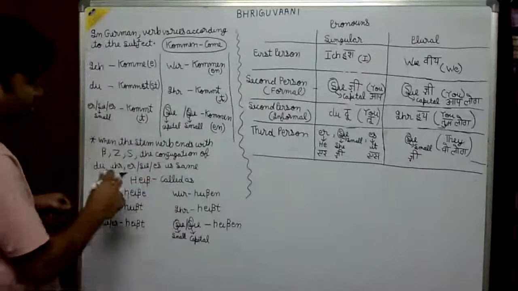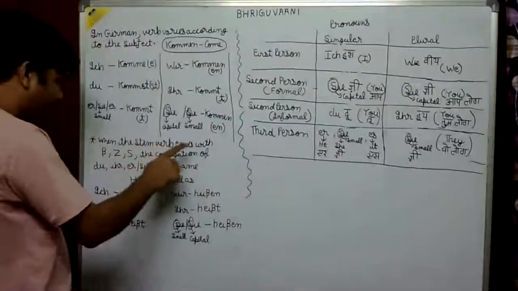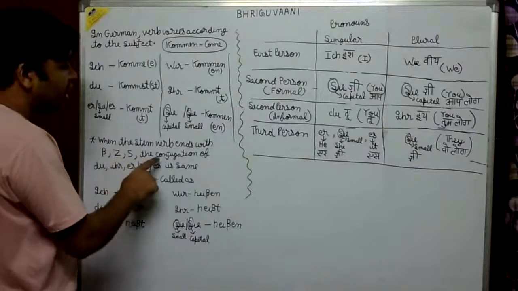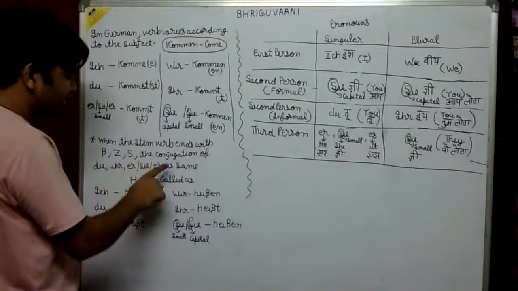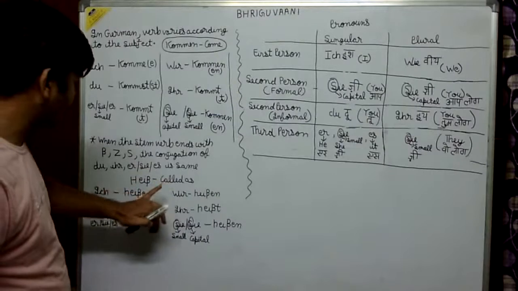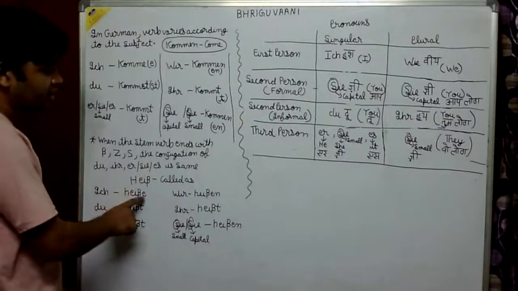You can look here that when the stem verb ends with s, ß or z, the conjugation of du here is the same. So for ich we say heiße.